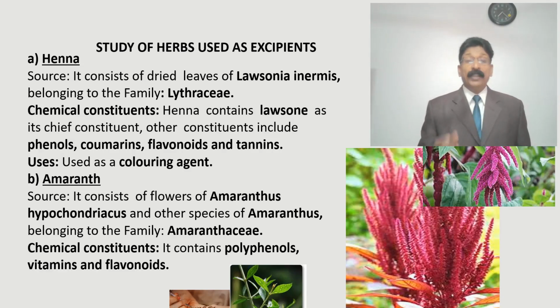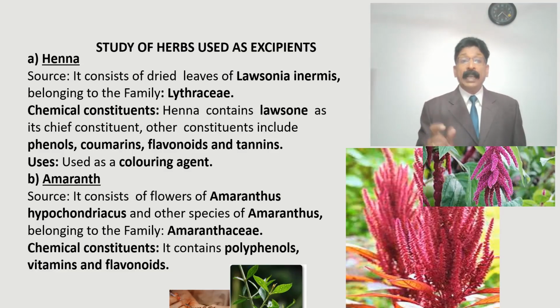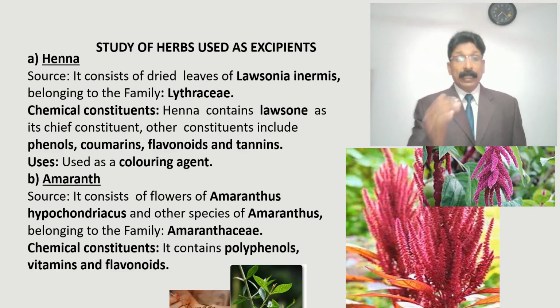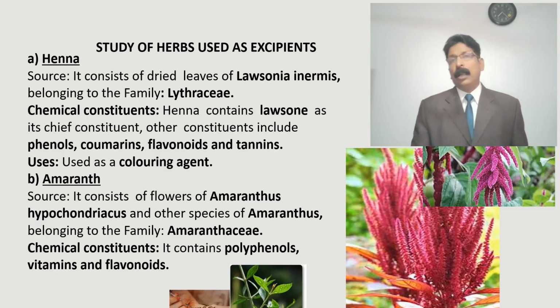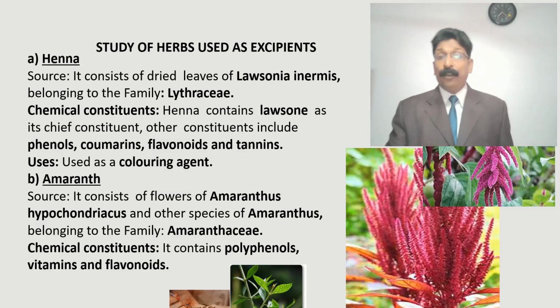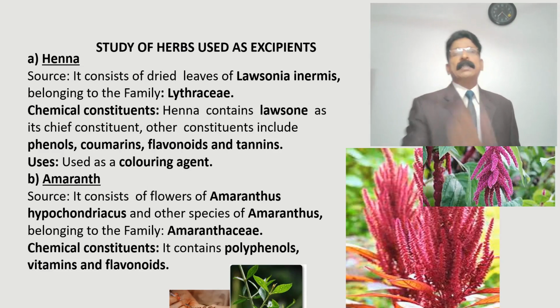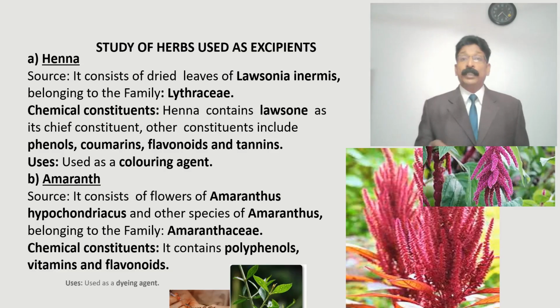If it is a common category, like polyphenols, vitamins, flavonoids, no problem. But if they say specifically a flavonoid name or a polyphenol name or a coumarin name particularly present in the plant, the structure should be written by the student.